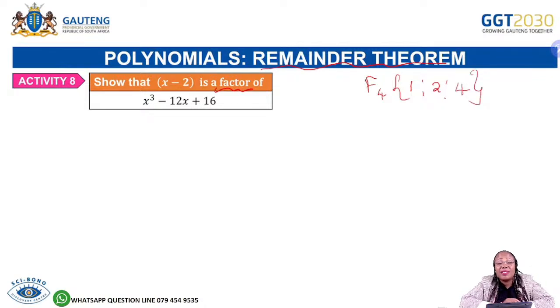Okay, what does it mean to be a factor? It means if you take this value here and divide it by any value into that bracket, it must give you a 0. If it gives you a certain number, that means that is not a factor. It belongs to remainder theorem because it will be giving you a remainder. But the minute it gives you a 0, that means that is a factor.